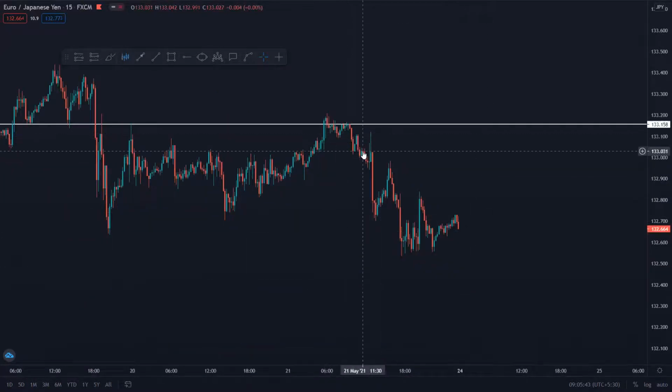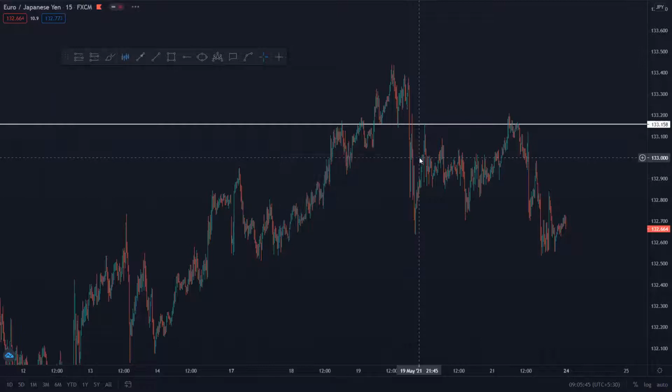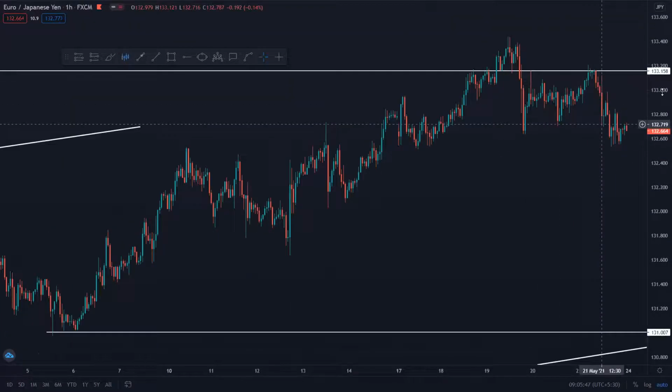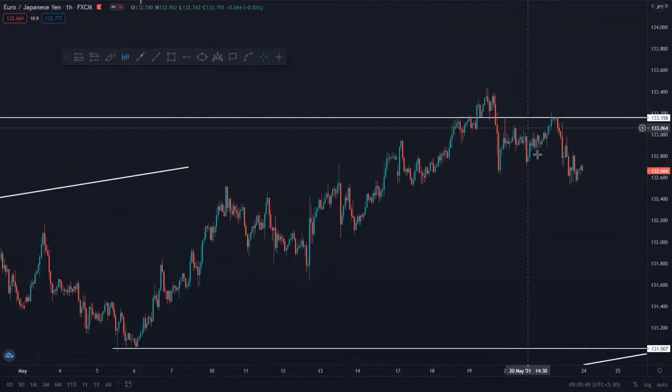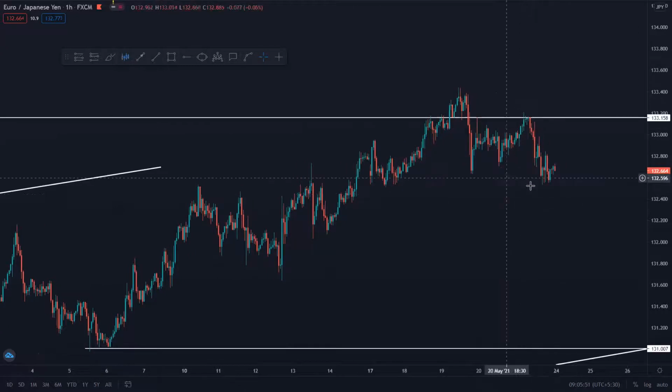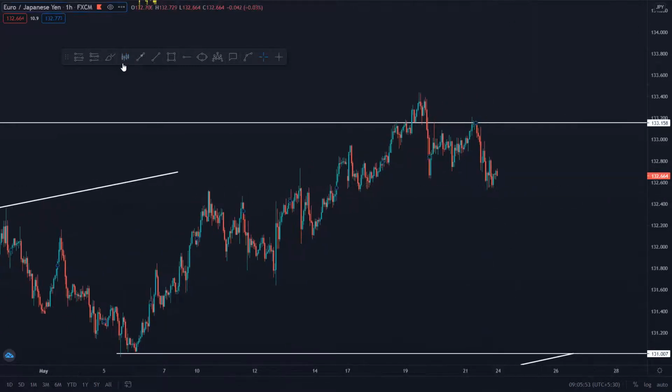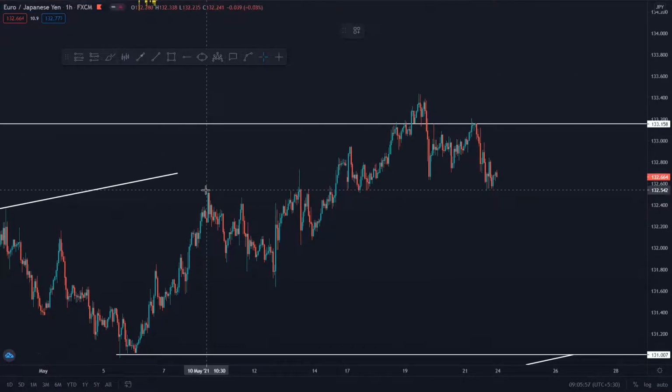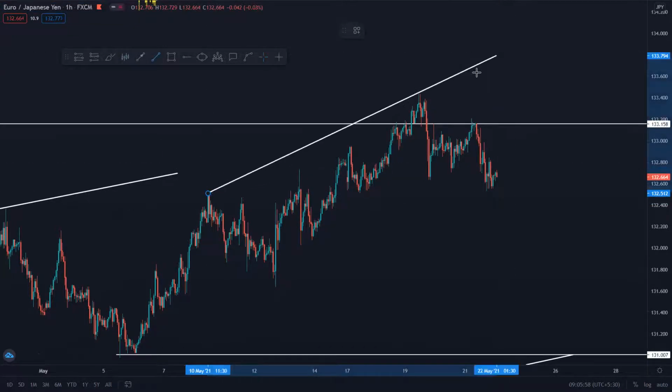That's why I was saying this was a good entry we missed at that level, because this was the resistance level. There is a higher possibility it will move up, and if the price comes up, we'll go short from the higher level.